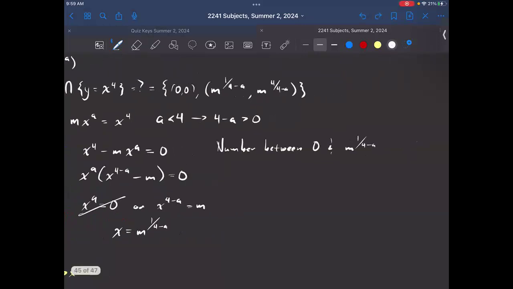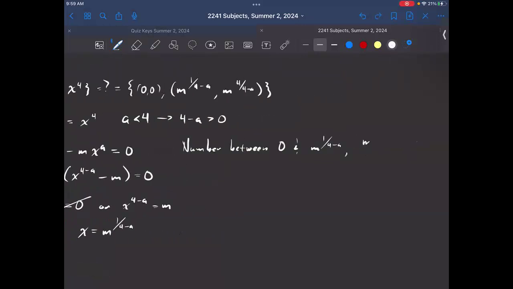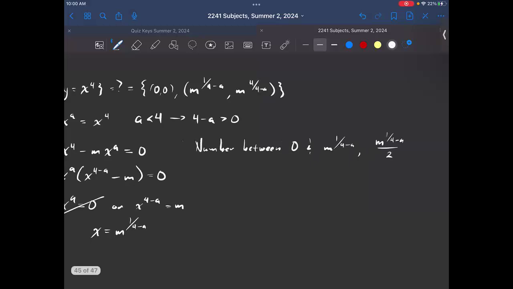So let's say m to the 1 over 4 minus a power, divided by 2. And now I want to know, all right, is that bigger if I do m times that number to the a power?